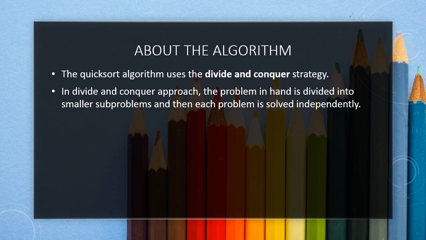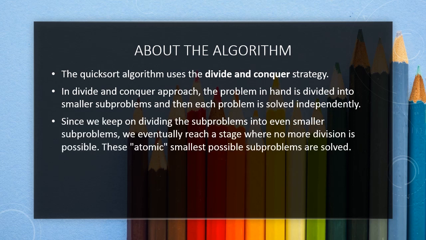In divide and conquer approach, the problem in hand is divided into smaller subproblems, and then each problem is solved independently. Since we keep on dividing the subproblems into even smaller subproblems, we eventually reach a stage where no more division is possible.